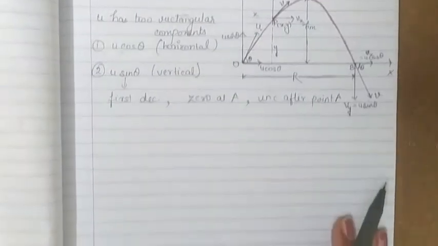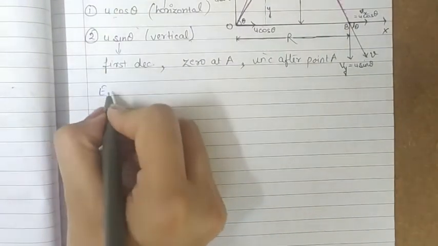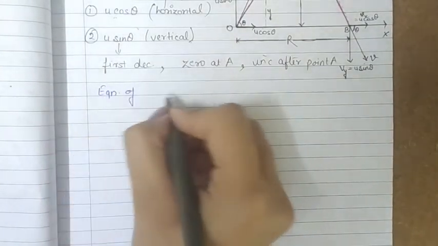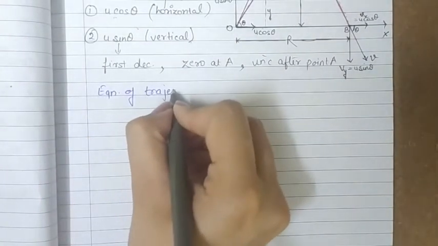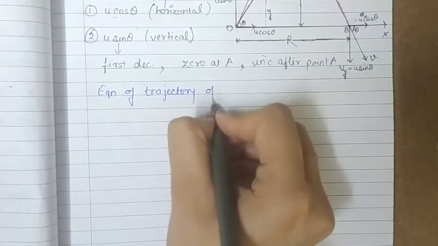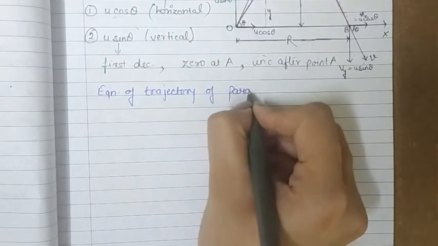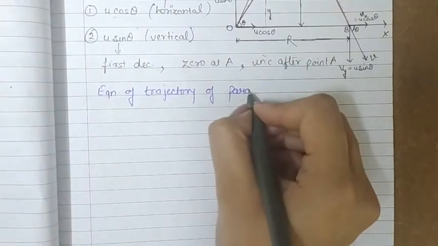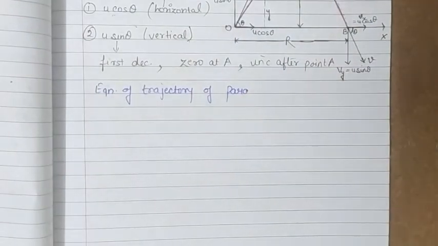First of all, we are starting with the equation of trajectory of parabola shaped projectile motion.